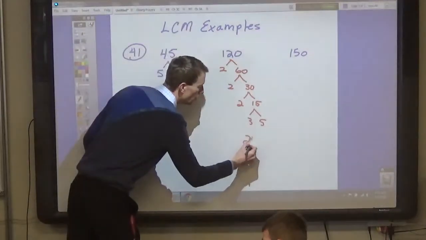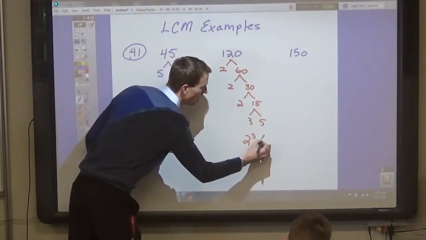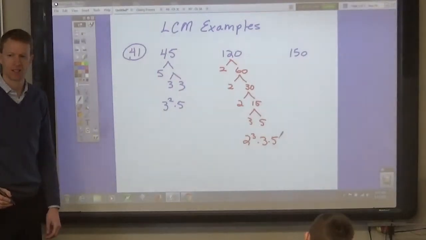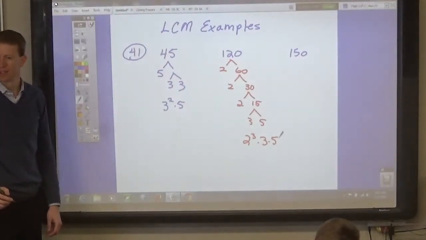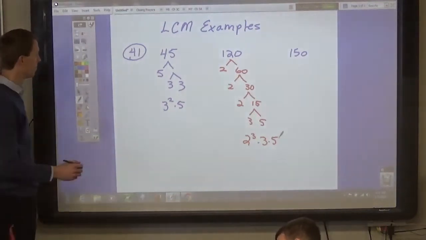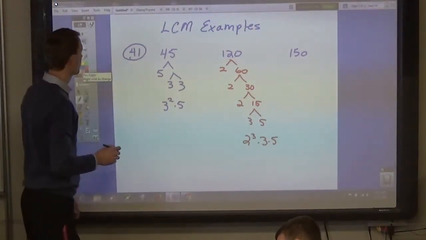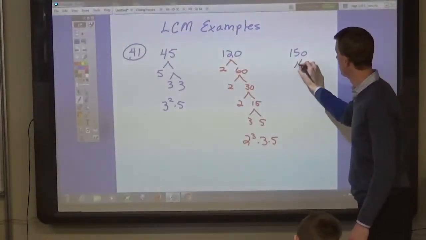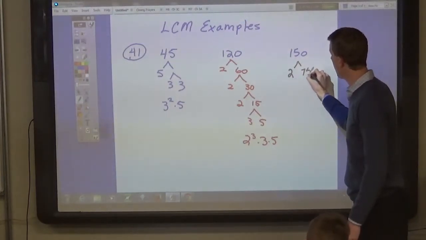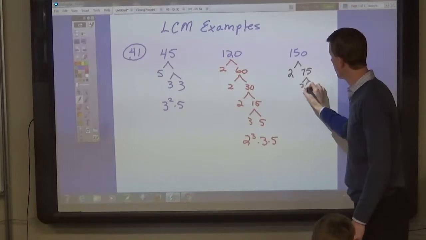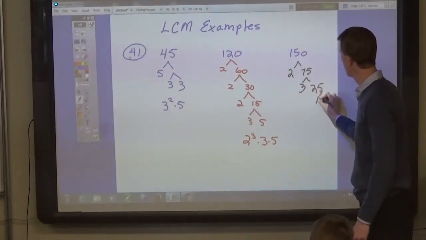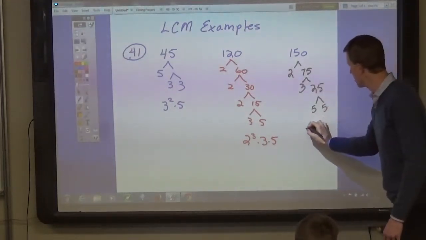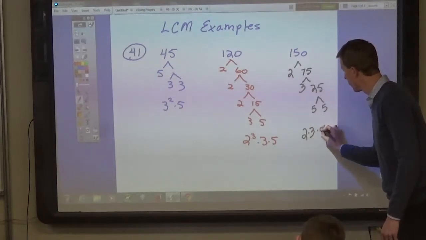So this is 2 cubed times 3 times 5. And 150, 2 and 75, 3 and 25, 5 and 5. So this is 2 times 3 times 5 squared.